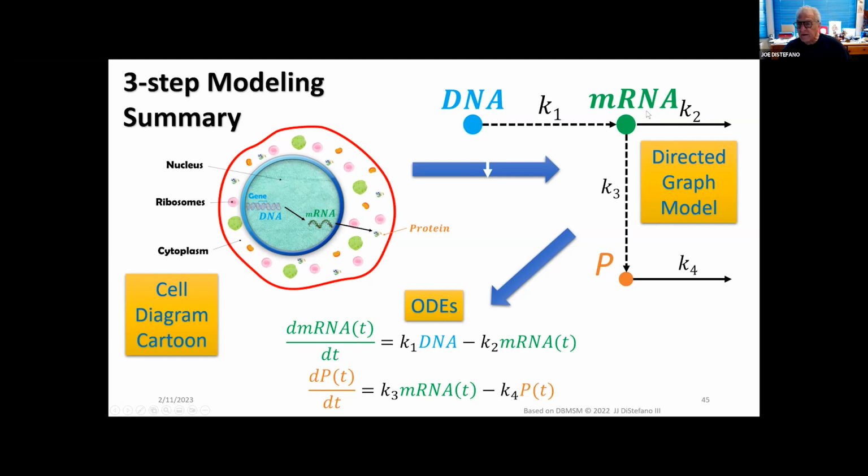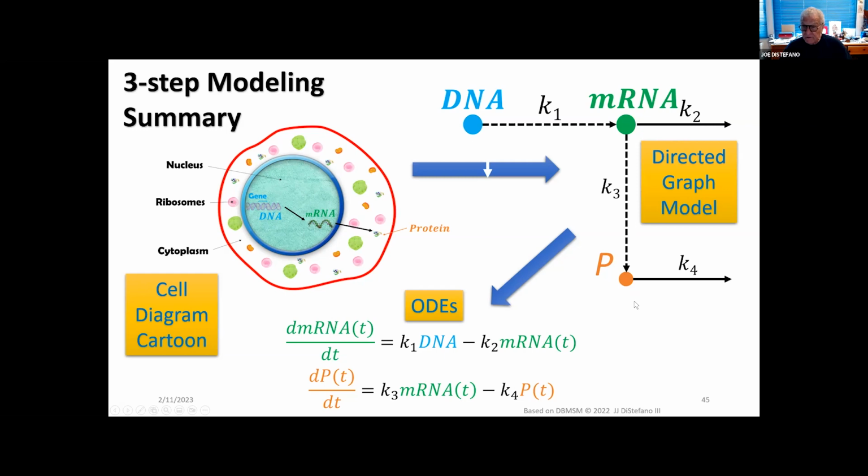So the degradation of messenger in the cell is done differently than messenger being used up. It's not used up in making a protein. So this is another signal arrow, and this is not a signal arrow, but a leak arrow.